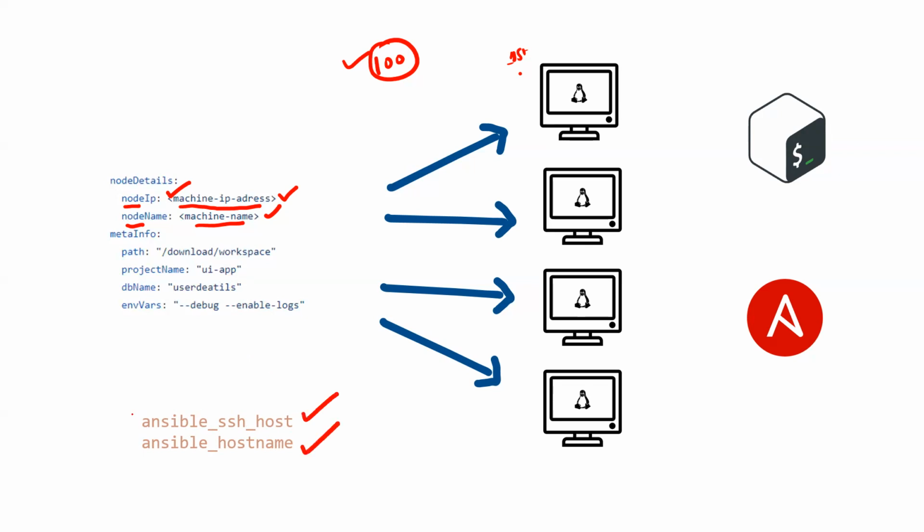By using these inbuilt variables, we can easily replace the IP address and machine name. And by using the template module, we can easily copy any given configuration file onto the respective machines, replacing the values and then copying it onto the machines.